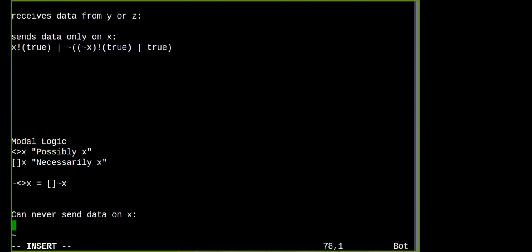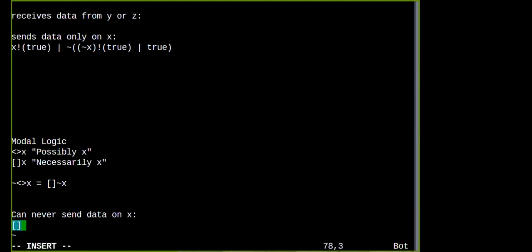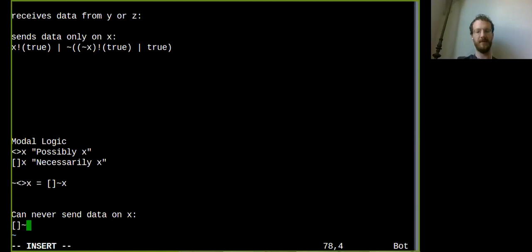Everything that X reduces to, sorry, can never send data on X. Oh, okay. So we're just sort of assuming we've run LADL with the reduction rules and all that kind of stuff. Yep. And what that's going to give us at the end of the day is being able to add these modal logic operators. Can never send data on X means, well, is it necessarily? Never means necessarily, and then a not, and then however we're going to say send data on X, I think. Yeah, how do we say that? We did that up above, I guess, right? X bang true.